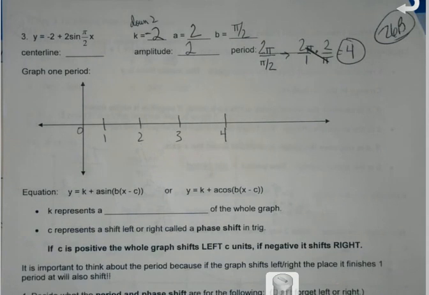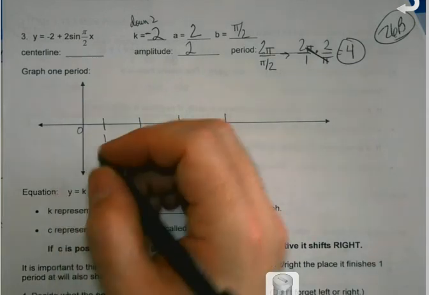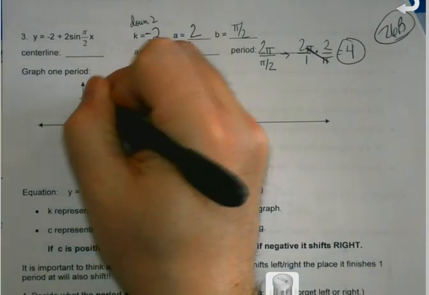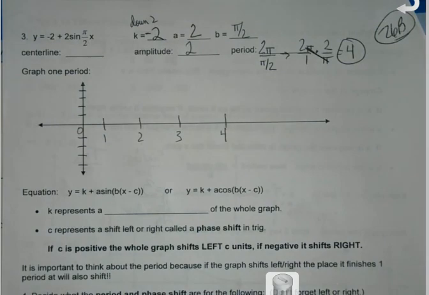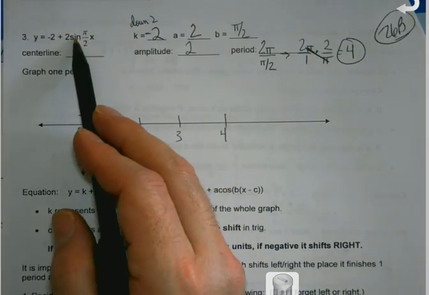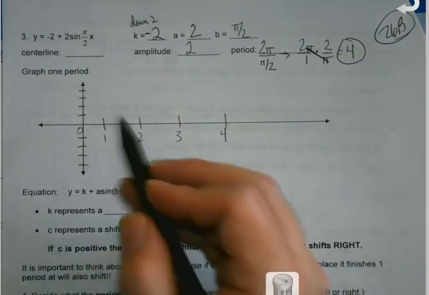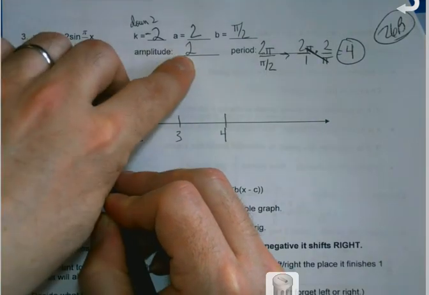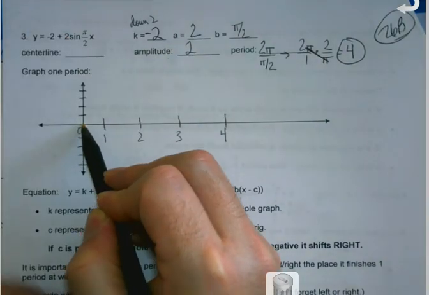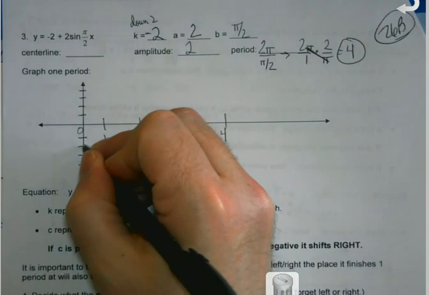Or I could go back to my base graphs. So I look at this and I go, okay, let's see. Get some lines working here. All right, so we're starting at sine. Sine starts at 0. So we got 0 times my amplitude would still be 0, but then I'm going to go down 2.